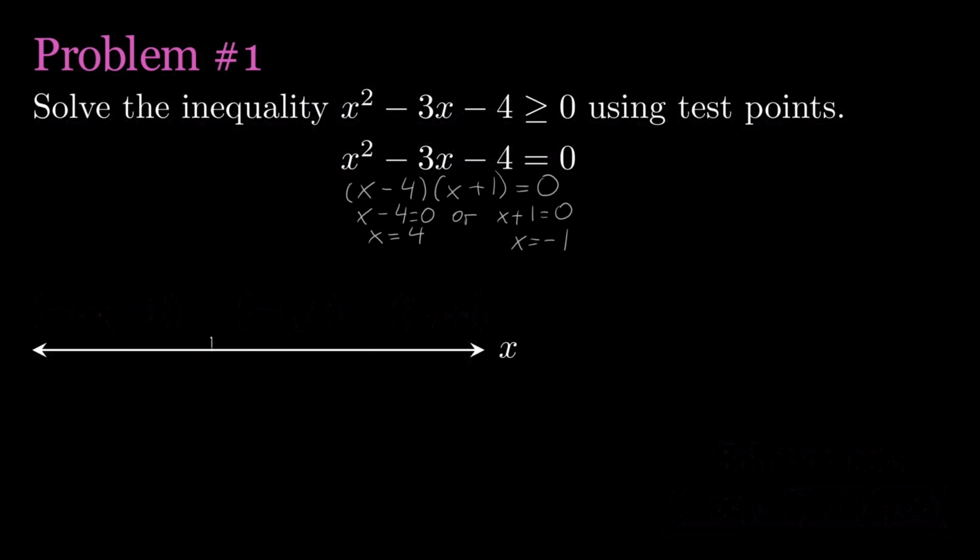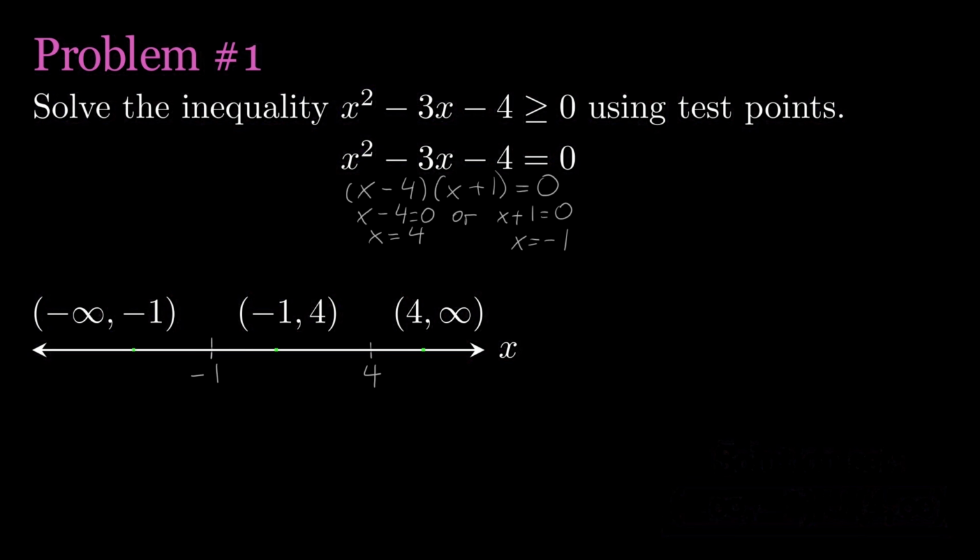Let's say we will plot -1 in here and 4 right here, and that partitions our real number line into those three intervals. To the left of -1, from -infinity to -1, between -1 and 4, and then from 4 to infinity, to the right of 4. So now it's a matter of choosing test points.